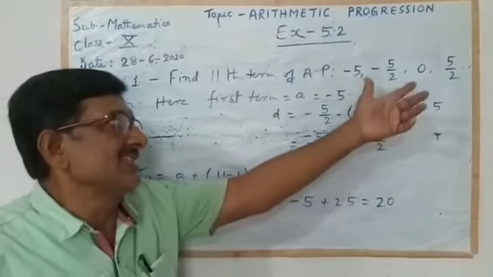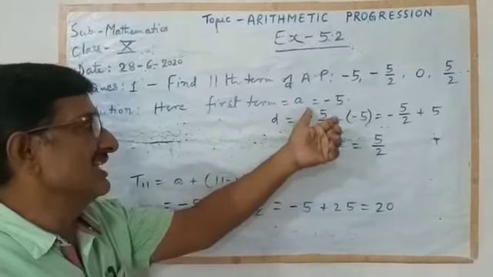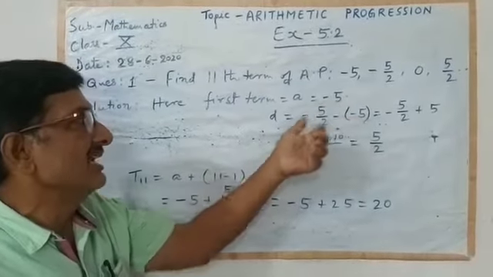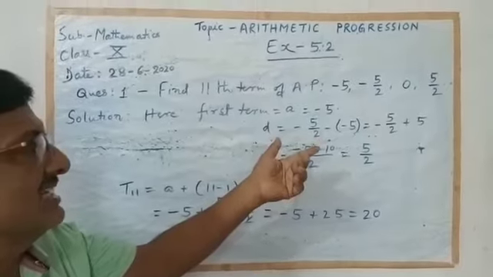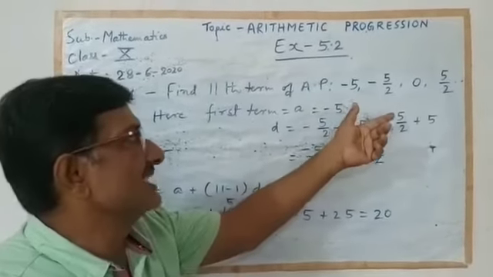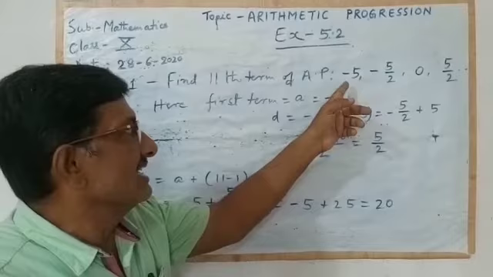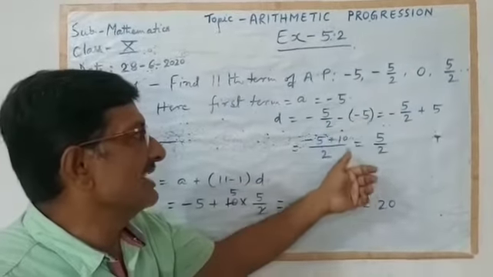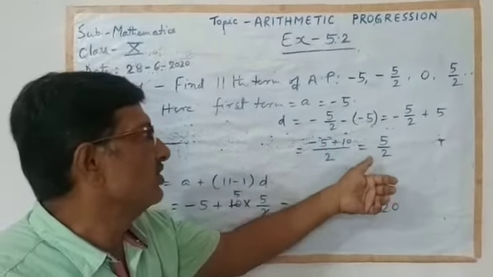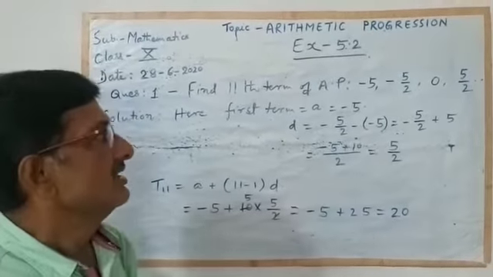By observing this given set of numbers, the first term is clearly minus 5 by 2, and its common difference can be obtained by subtracting any two consecutive terms. So when minus 5 by 2 is subtracted from 0, we are getting 5 by 2. So common difference is 5 by 2.